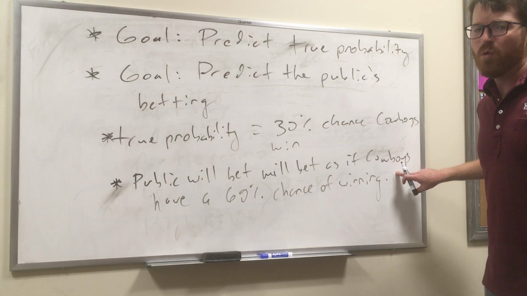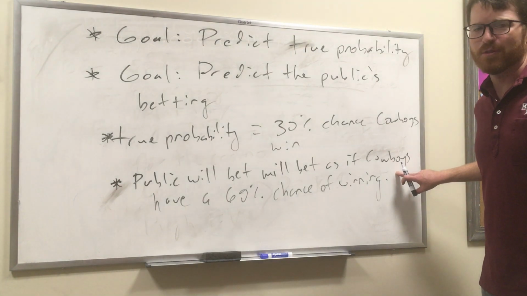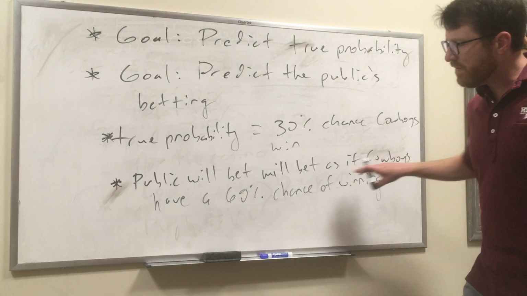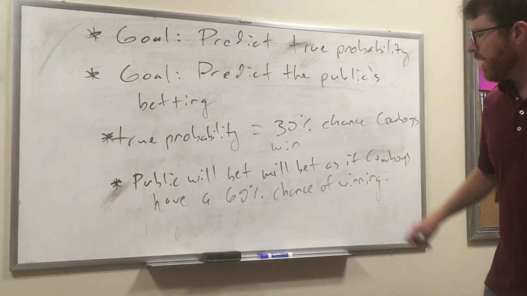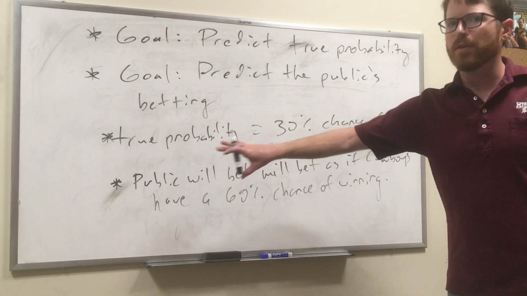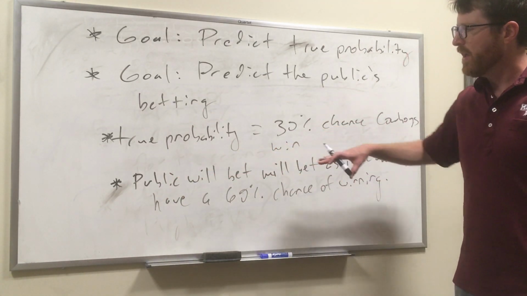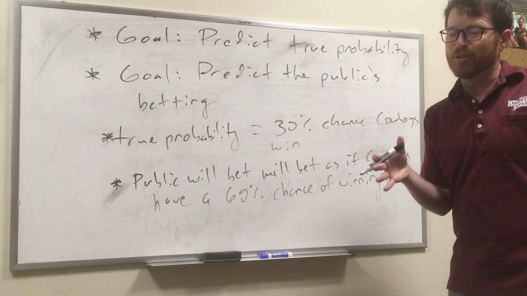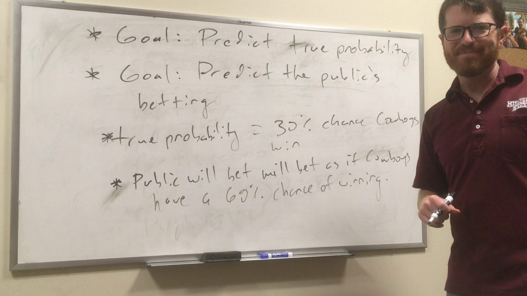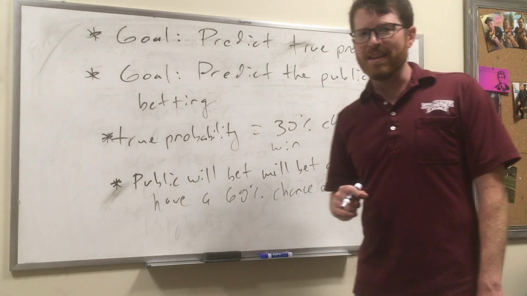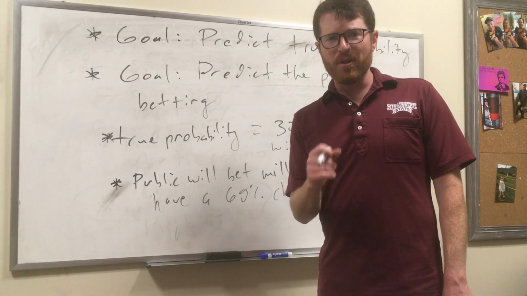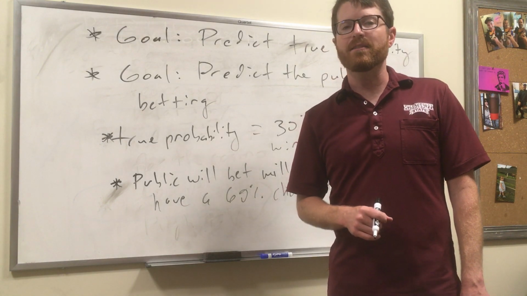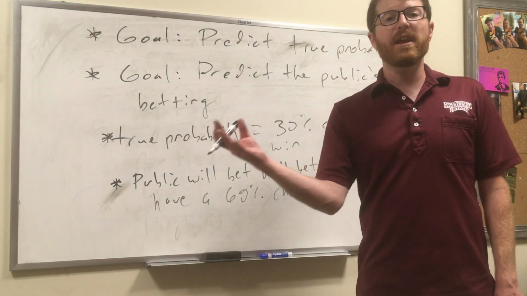The casinos will gamble if the profit potential is high enough. So even though the Cowboys have a high probability of winning, even though the public is going to bet on the Cowboys, the casino may choose to still pay out as if the Cowboys are closer to that 30% range. All right? Furthermore, what complicates things here is even though you're maybe the only sports book in Dallas, people can still fly to Vegas and make bets.